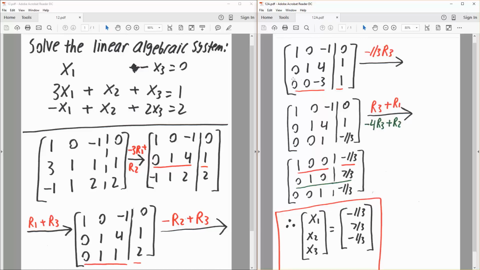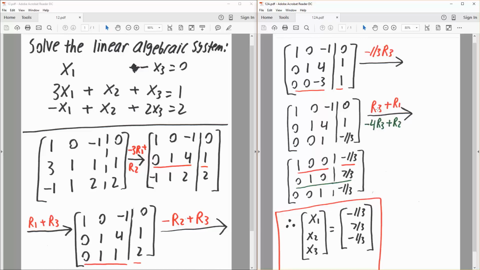Next, we're just going to mess with this line to make it a little bit simpler. If we multiply this line by minus 1/3, we would get 0, 0, 1, and then negative 1/3. And now that we're used to messing with one line at a time, now I'm going to do 2 lines at a time.